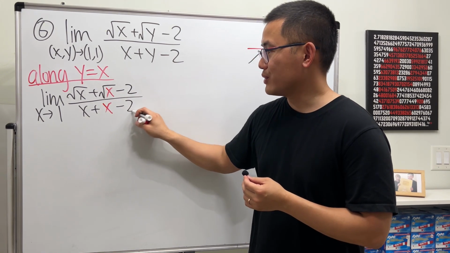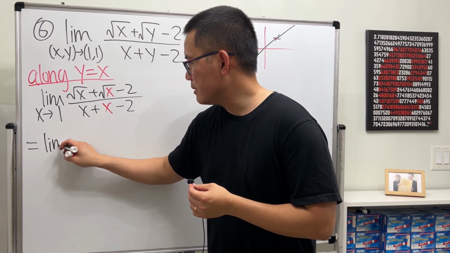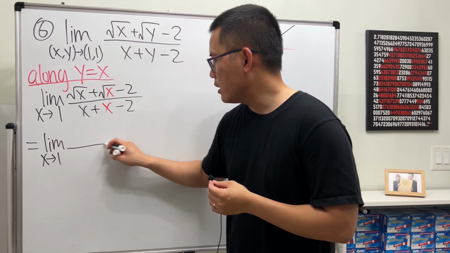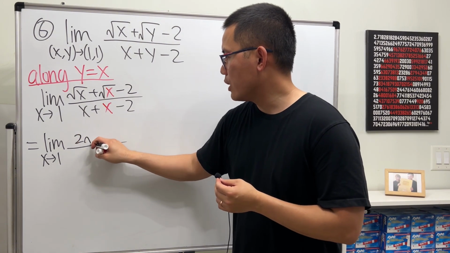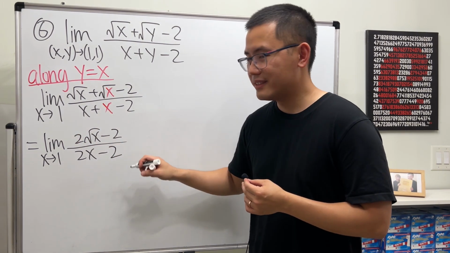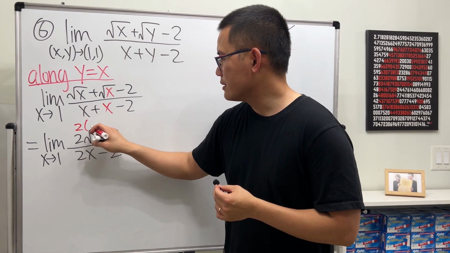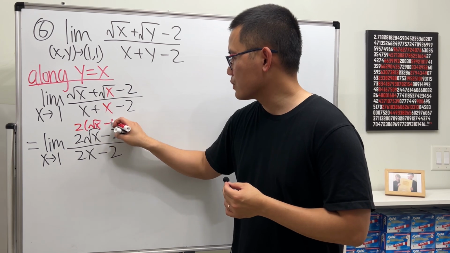And then minus 2. Now let's simplify this a little bit. This is the limit as x approaching 1. That's just 2 square root of x minus 2 over 2x minus 2. Now, factor stuff up, right? This right here is 2 parentheses square root of x minus 1.